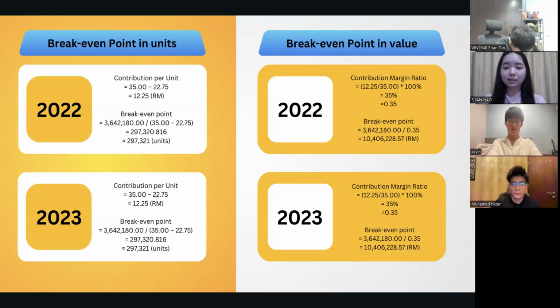And we also get the contribution margin ratio equal to 0.35. So the break-even point in value equals 1,466,228.57. Because the fixed costs are the same in 2022 and 2023, the break-even point in 2022 and 2023 are the same.